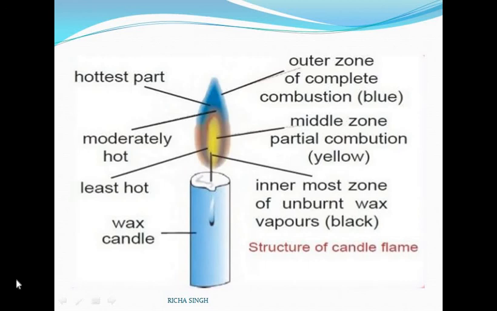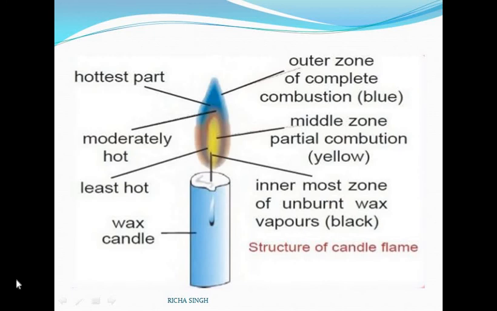The incomplete combustion of wax vapor produces carbon particles, and the unburnt carbon particles get heated up, start glowing, and due to this glow, it produces a luminous flame. Thus, you can say the central zone of the candle flame is luminous due to incomplete combustion of wax. Okay, and this part has moderate temperature, it is not very hot.